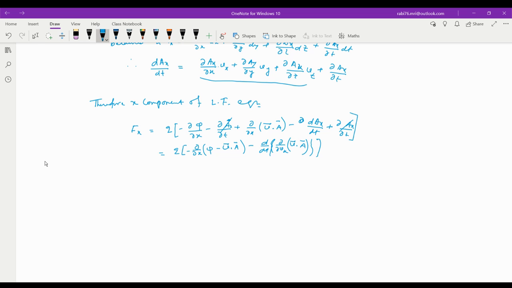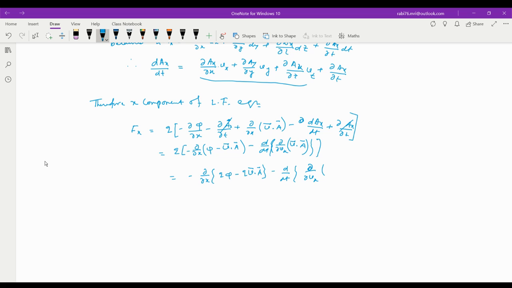So what we can write, this can be written as minus del by del x of q phi minus q v dot A, minus d/dt of, I'm sorry, del by del vx. Phi is not a function of velocities, right?